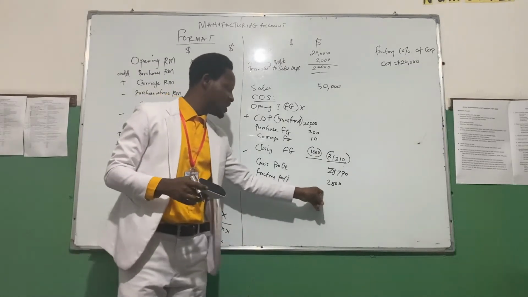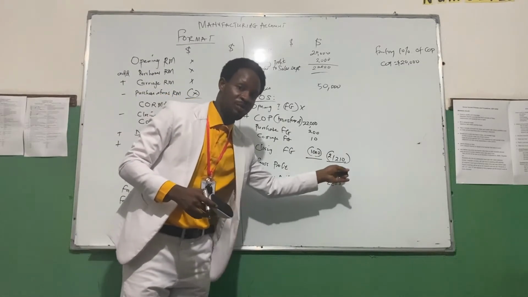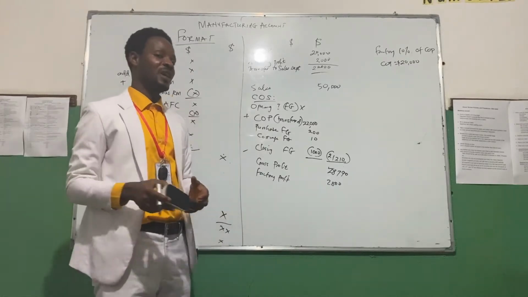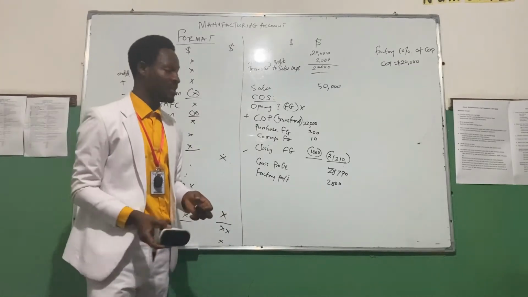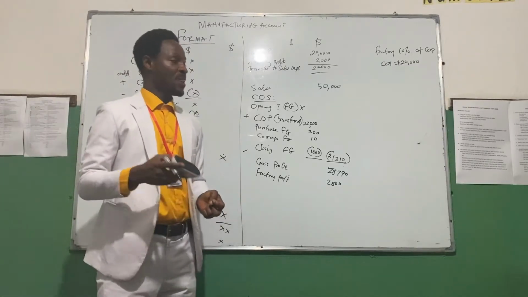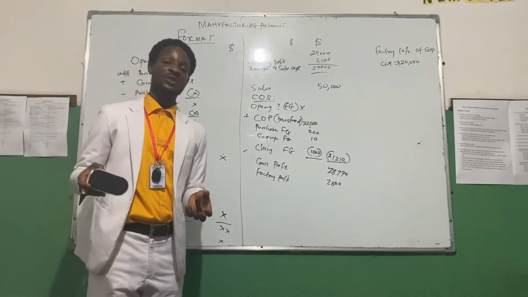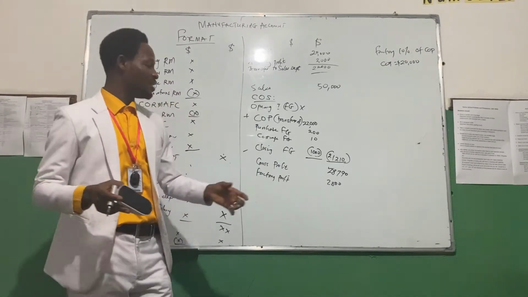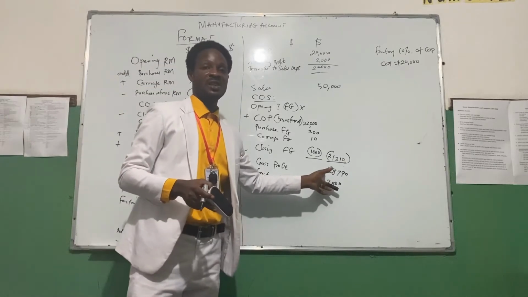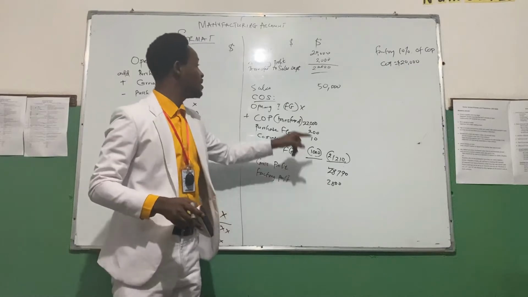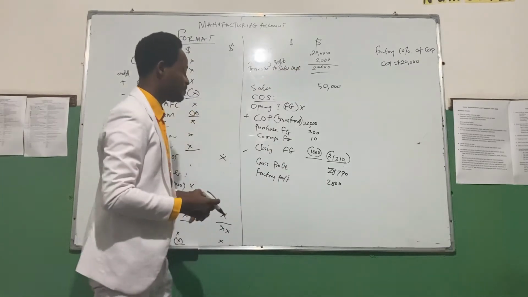So factory profit is to be put here. And any other additional income you have, like discount received, rent received, commission receivable, reduction in provision for doubtful debt, or profit on disposal of assets, you add it to the gross profit. But for now, this at least must appear since you already generated it here.